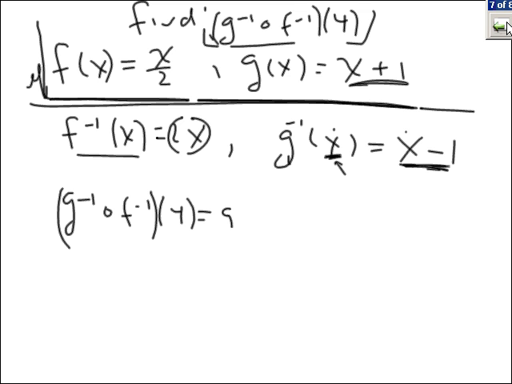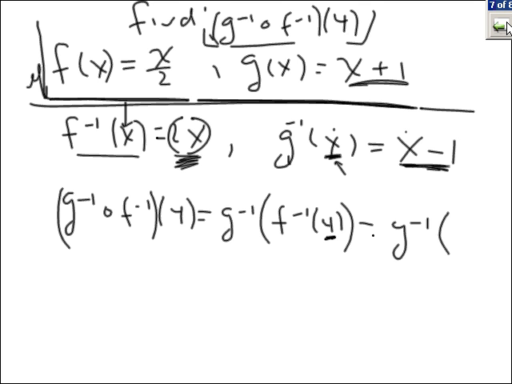This is equal to g inverse of f inverse of 4. What does f inverse do to what's in the brackets? It doubles it. I double 4, I get 8. Now what does g inverse do to what's in the bracket? It takes away 1. So I get 7.